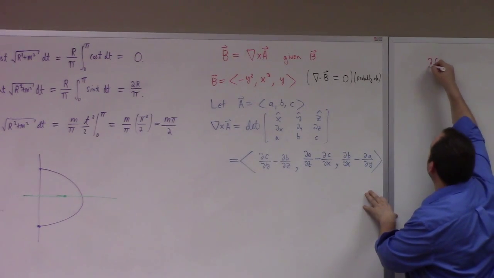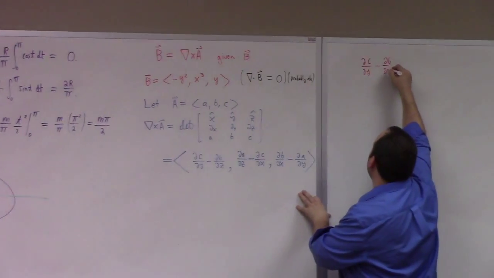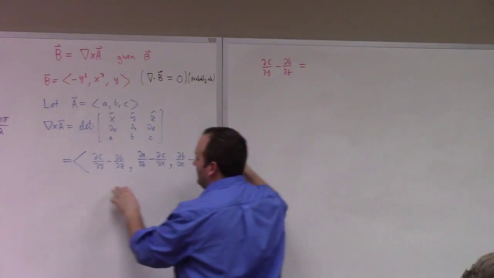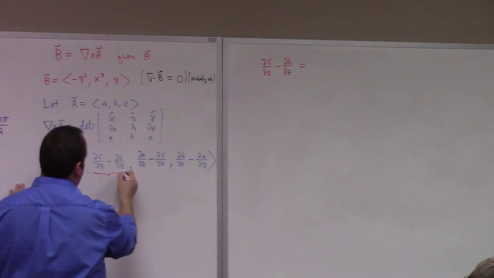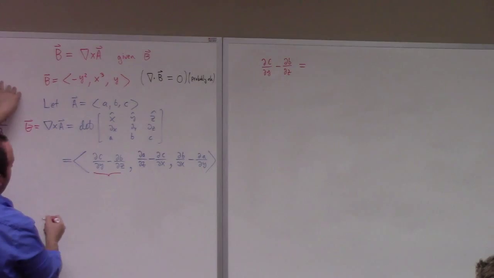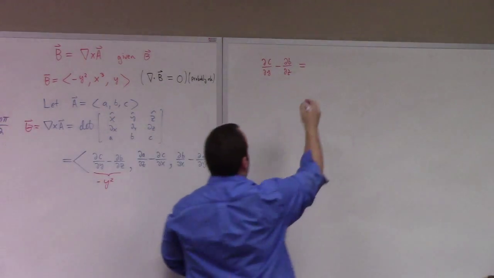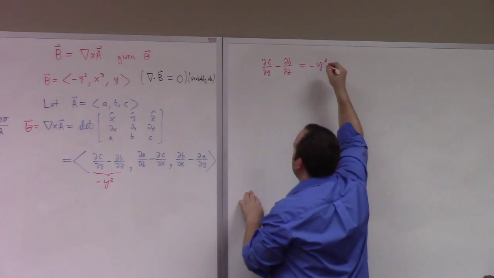So partial c partial y, minus partial b partial z should be set equal to what? We want this to solve for B, right? So the x component: this is minus y squared. So I have to solve this is equal to minus y squared.